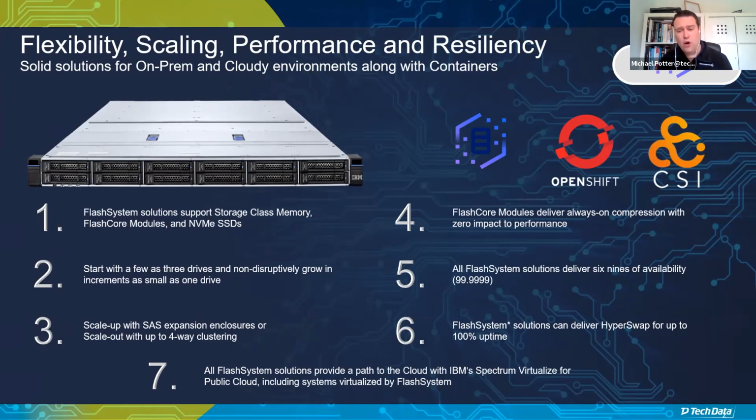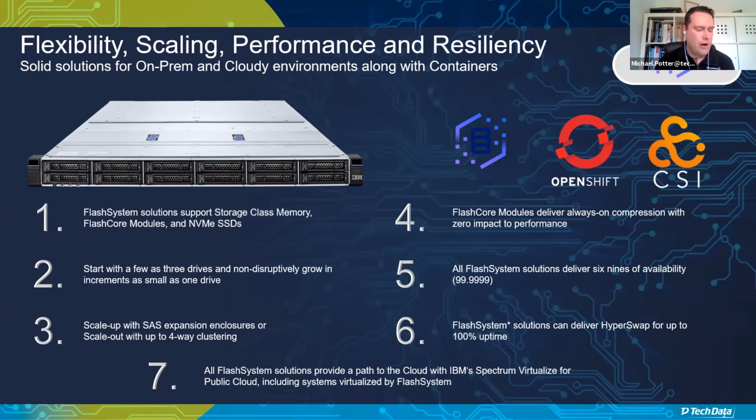And of course, all these systems provide a path to other things, which can be a range of public cloud. So we have, of course, a Spectrum Virtualize public cloud in AWS and coming out on Azure. And of course, with IBM, we're seeing a lot of conversations around, on the top right here, the CSI driver for containers.